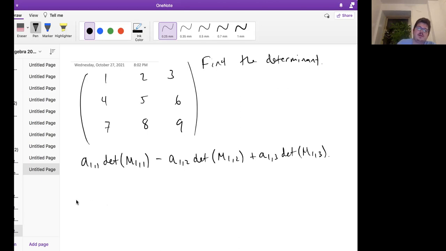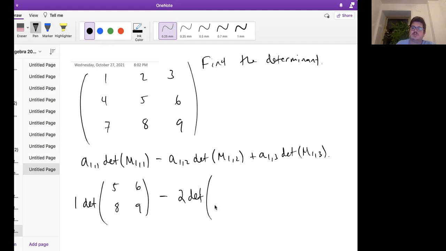One. What is M11? 5, 6, 8, 9, right? Delete the first row, first column. So minus, a12 is 2.